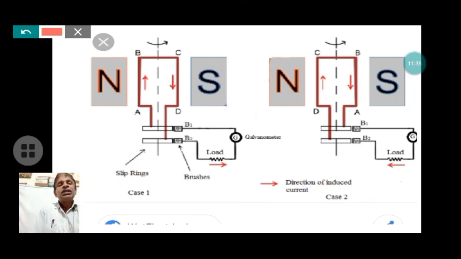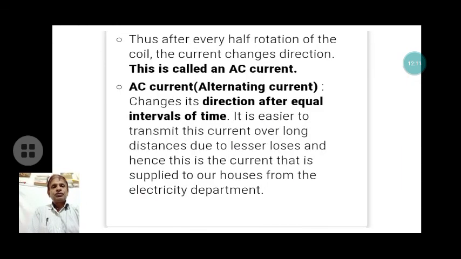In the first case, the direction of current is from B2 to B1. After half rotation, the direction of current is from B1 to B2. In one complete rotation, the current changes its direction two times. So the current produced in the generator is AC current, because it changes direction two times in one complete rotation.